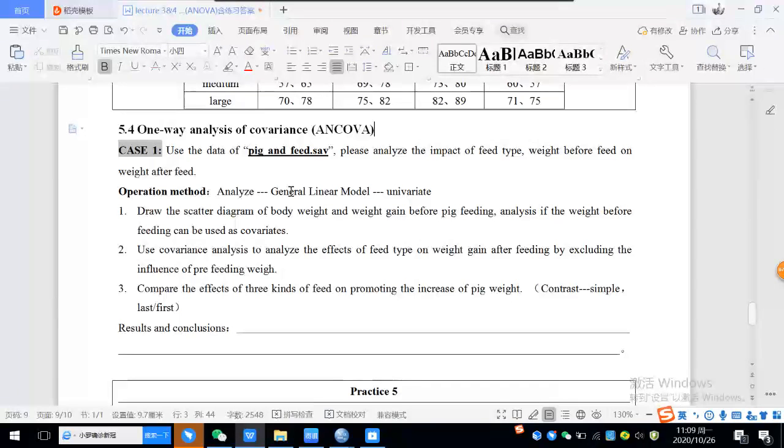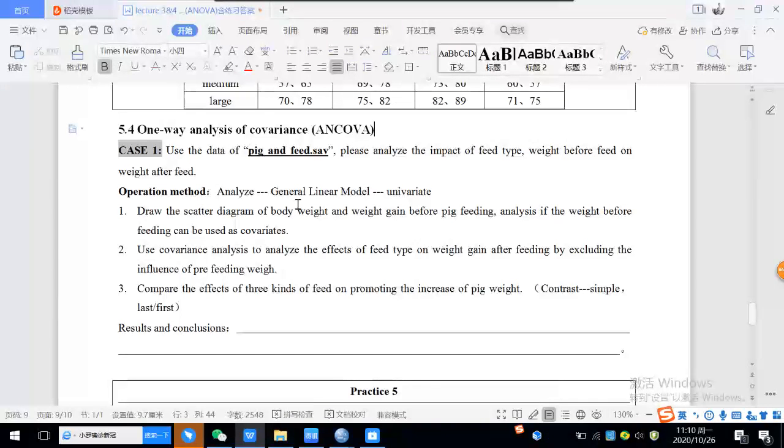Here, we will use pigs as the respondents. Here we use 3 different types of feed. All the pigs will be divided into 3 groups.